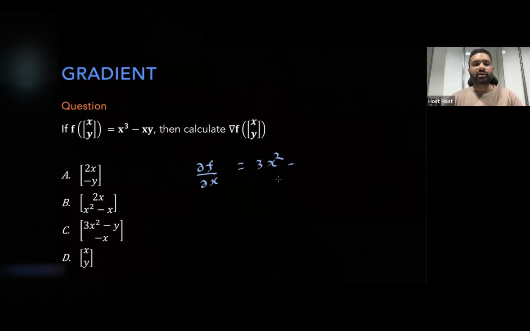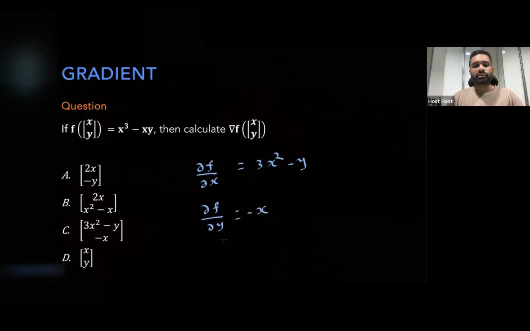In the second term, if we consider y is a constant, the partial differentiation will become minus y, because del x by del x will become 1. So the first entry will become 3x square minus y, and for the second entry, in the first term there is no y, and x is a constant, so it will vanish. And in the second term, y is variable and x is constant, so it will be minus x.